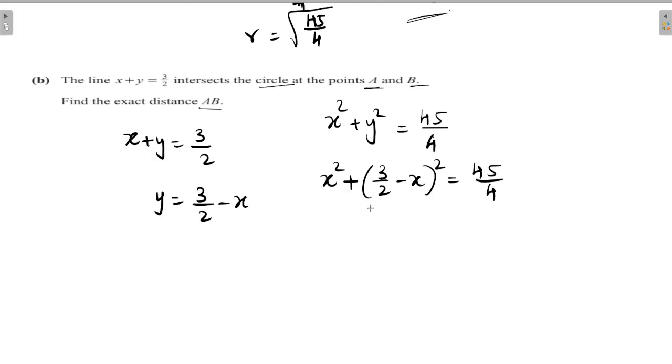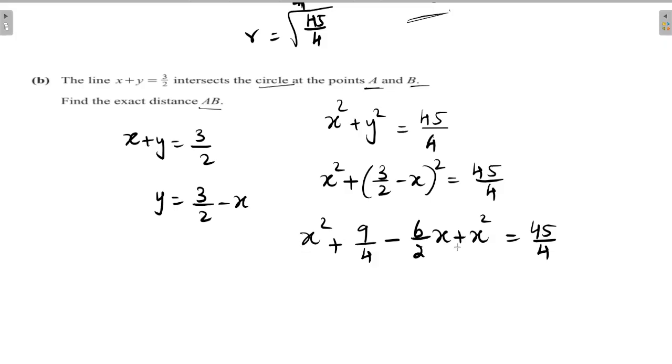Now we can expand the bracket. So x square plus 9 by 4 minus 3 twos are 6 by 2x plus x square, which is equal to 45 by 4.